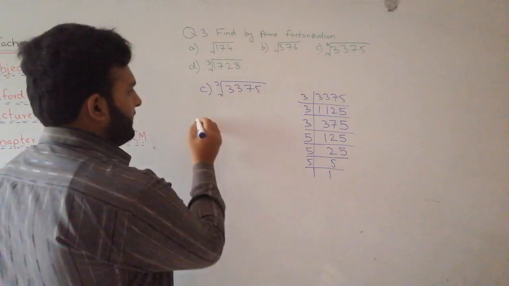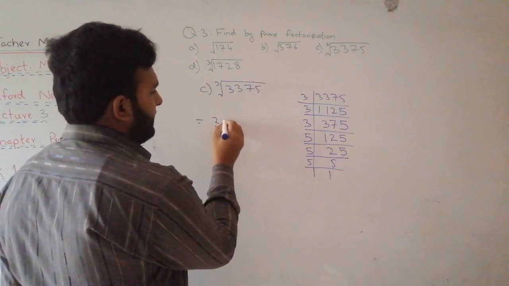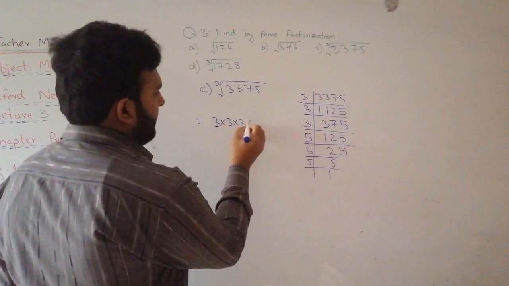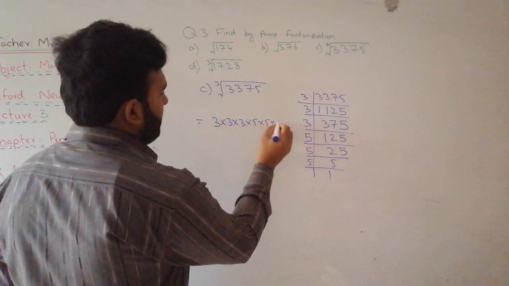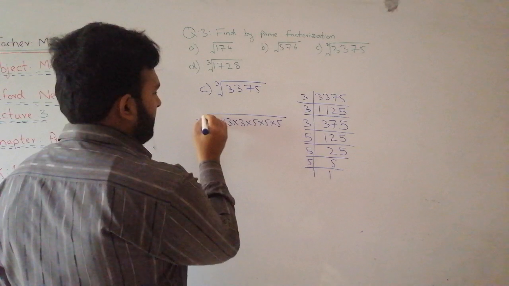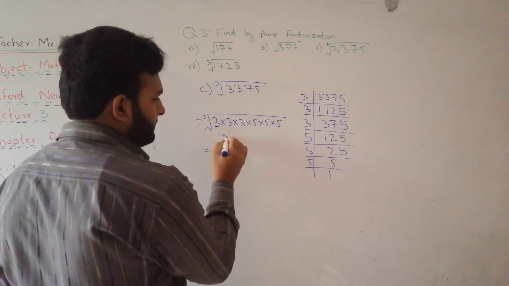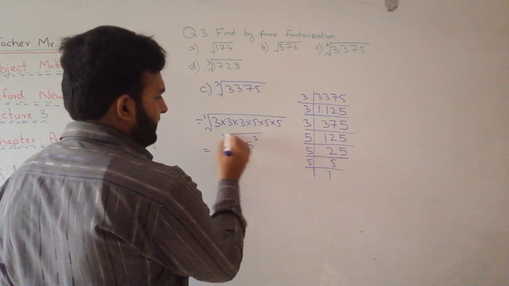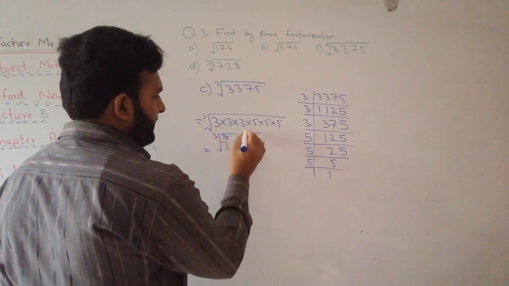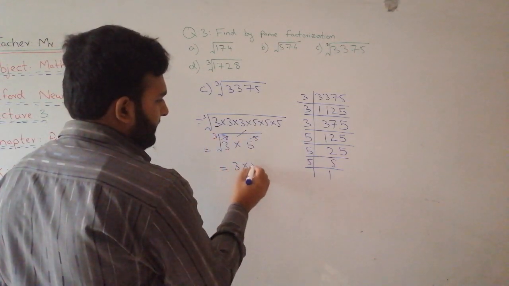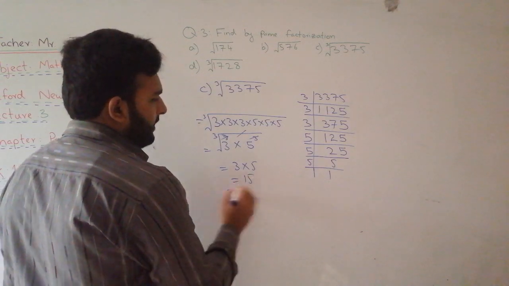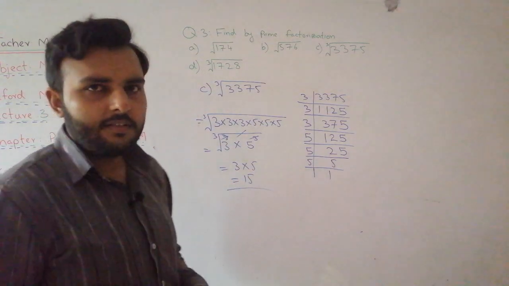So like this we will write here 3 into 3 into 3, 5 into 5 into 5. Done, all the students? Okay, 3 is here 3 times, 5 is here 3 times, it will be cancelled. So 3 into 5, it will be 15. So hope you people understand.